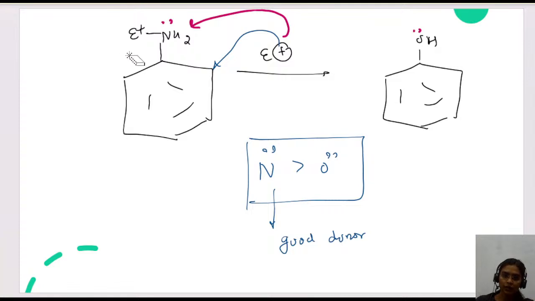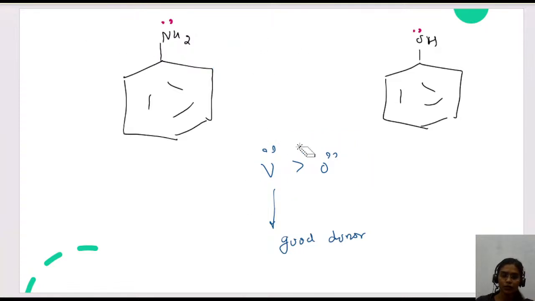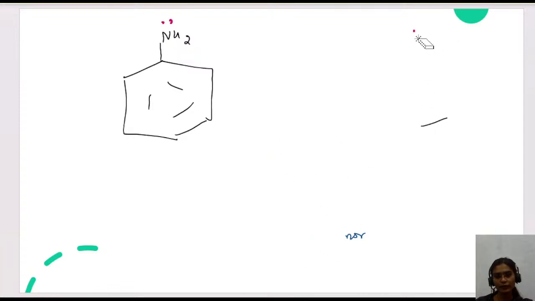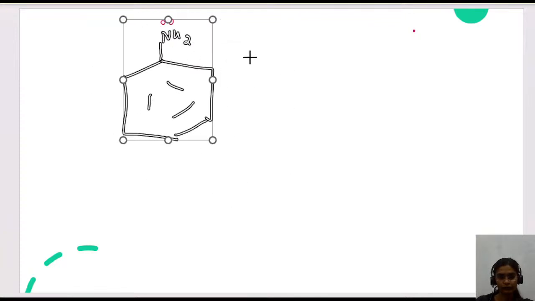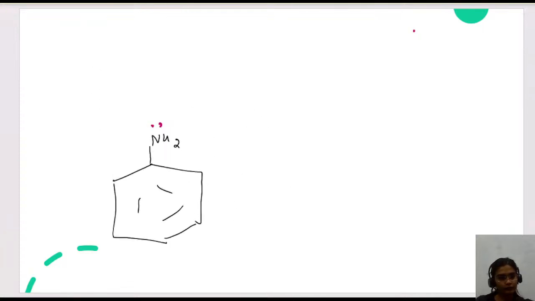So we have to protect, so that the electrophile focuses only on benzene, not on the aniline. So let's discuss the protection part. So this is another topic, that is protection of aniline.